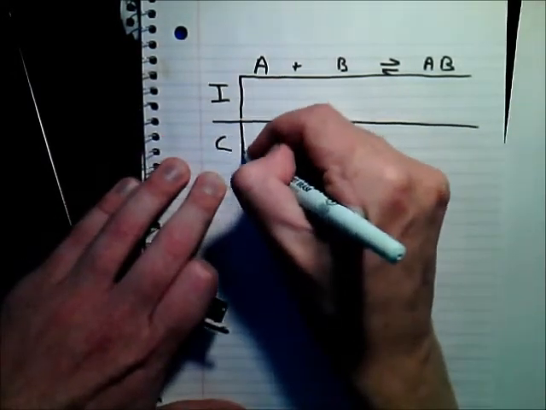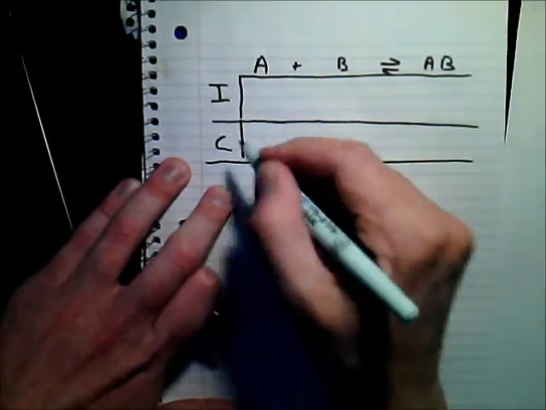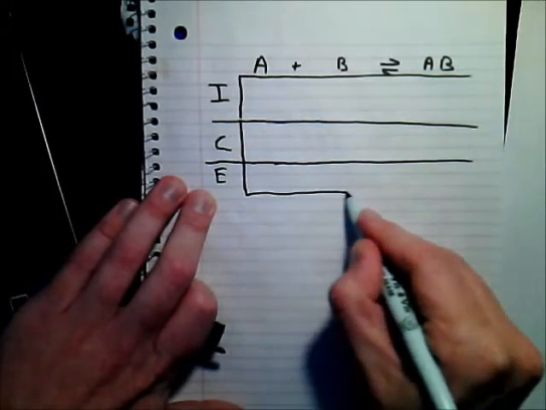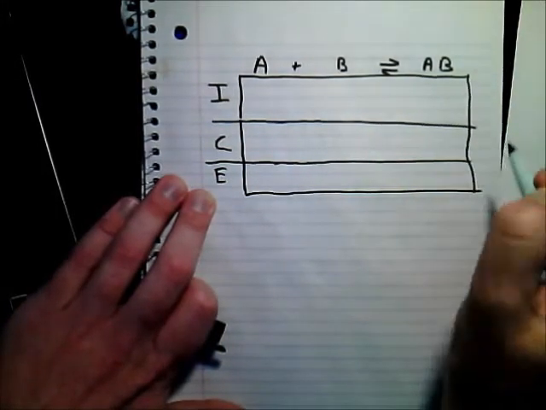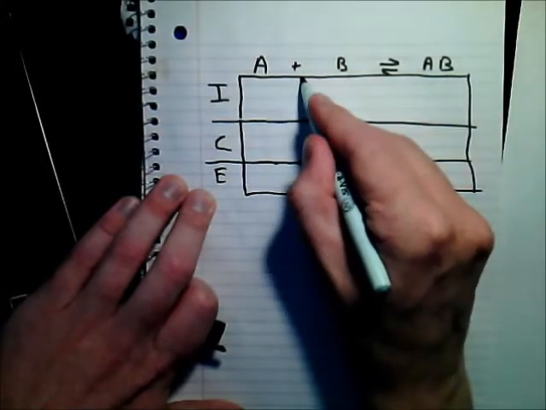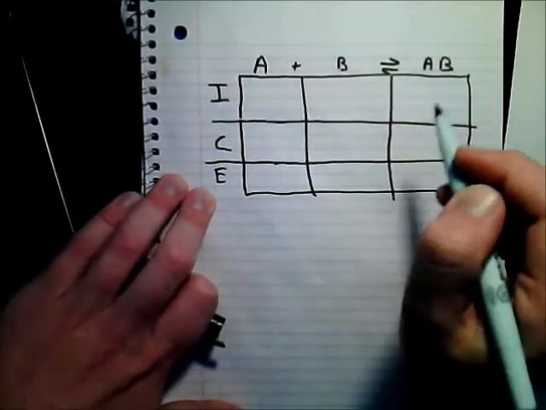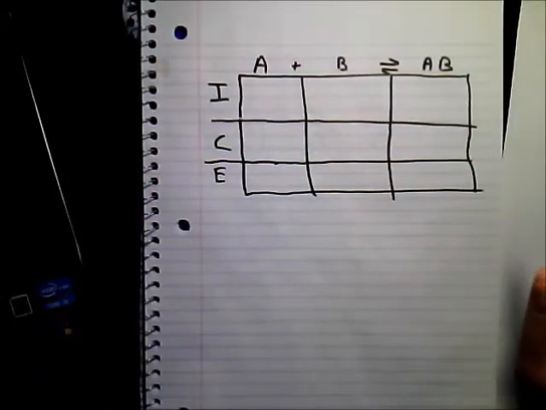C stands for change, so that's going to be the second line of my table. And E stands for equilibrium. That's going to be the third line of my table. So ICE. And these are things that we're going to end up doing quite a bit, so get used to them. And we divide that up. So now we've got a handy dandy little table here to help us work our way through this problem.